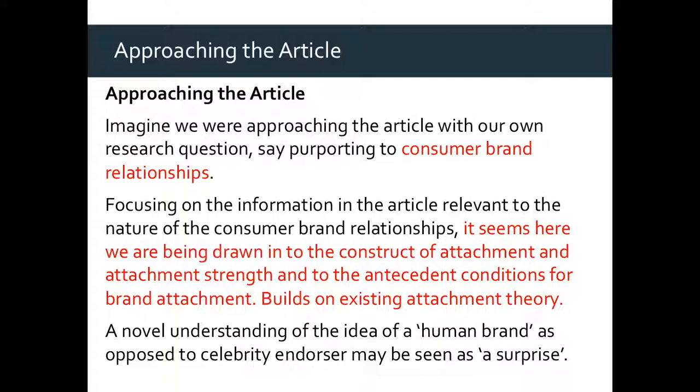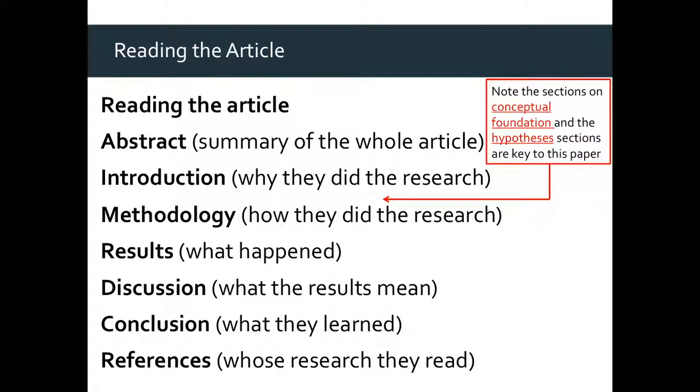The author goes into that in a little bit of detail, but there's certainly potential to explore this in more detail if you're a researcher. But for our purposes, consumer brand relationships, we've got a paper that's going to shed some light on attachment and attachment strength.